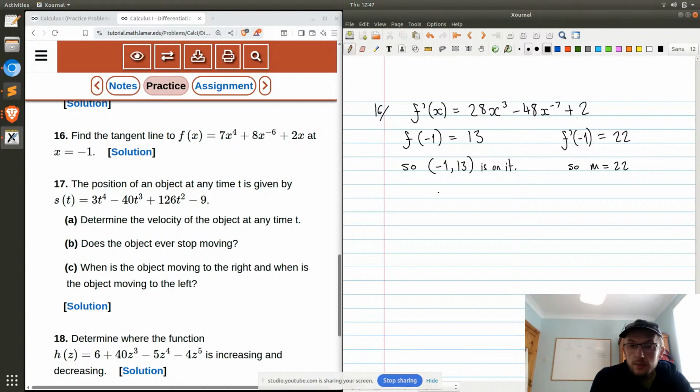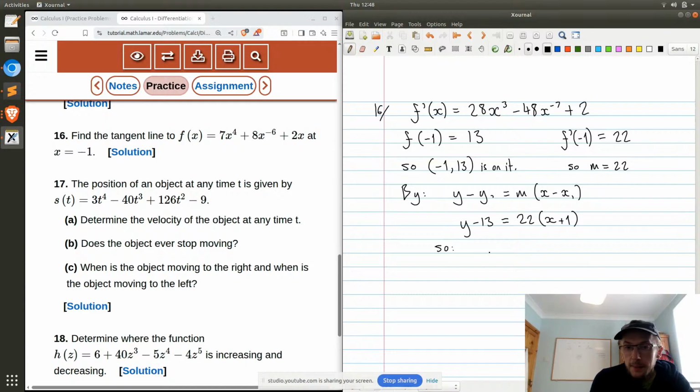Now, by the same formula from before, y minus y1 equals m, open brackets, x minus x1. So we're going to have y minus 13 equals 22 times x minus negative 1, so plus 1.